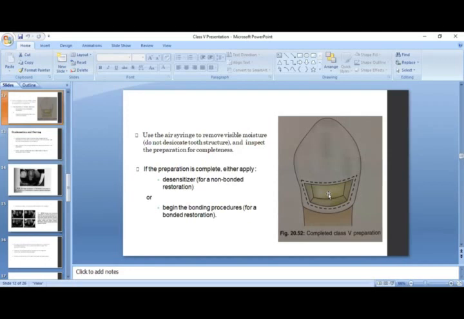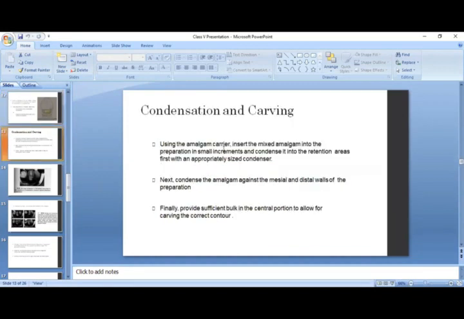So we need a very specific kind of instrument in order to tap or condense, I mean, in order to push the filling material into that area. So that is basically a condenser. This is basically a condenser, right? This condenser I'm talking about.